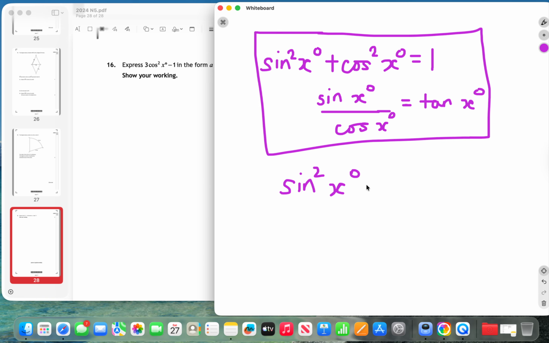And if you take sine squared x away from both sides, you get cos squared x equals 1 minus sine squared x.